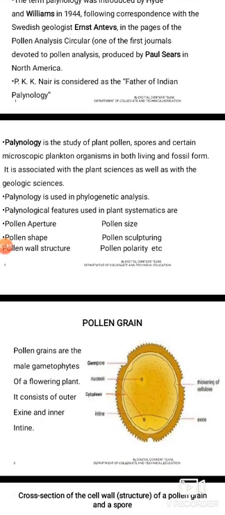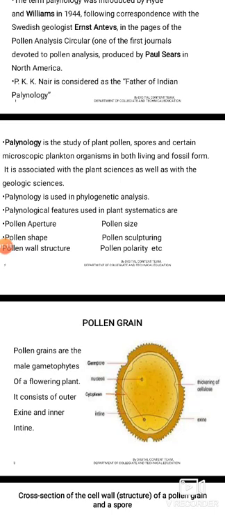Palynology is the study of plant pollen, spores, and certain microscopic plankton organisms in both living and fossil form. It is associated with plant science as well as with geologic science. Palynology is used in phylogenetic analysis.